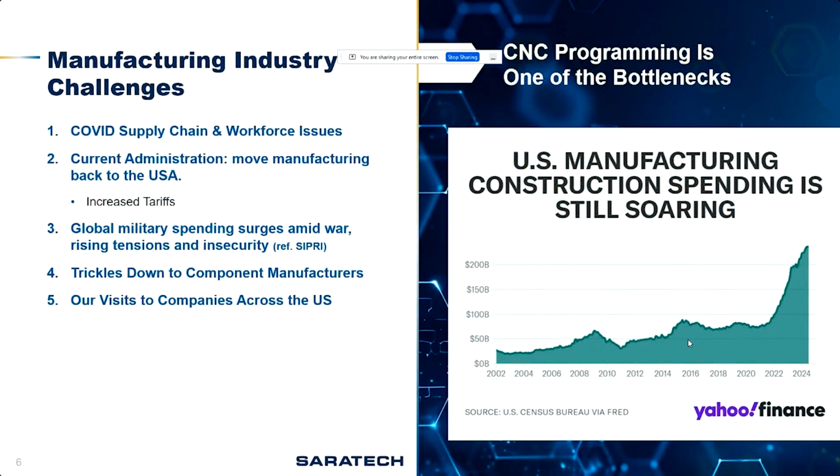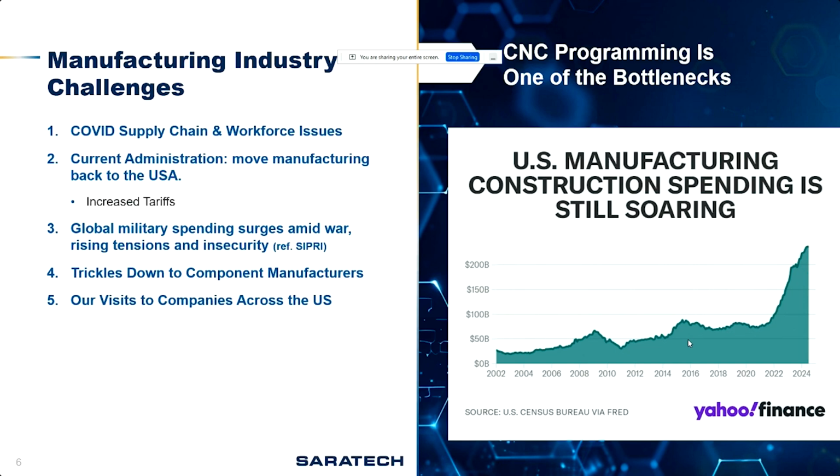Digging into this challenge that we're seeing in the industry, I'm probably preaching to the choir here. You all know what's going on out there, and a lot of this did start with the pandemic. Turning off the workers and turning off the supply chain obviously caused issues that are still in place today.